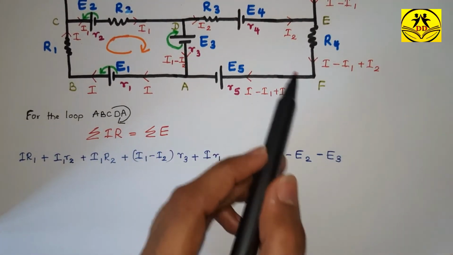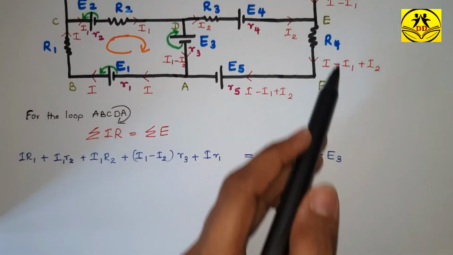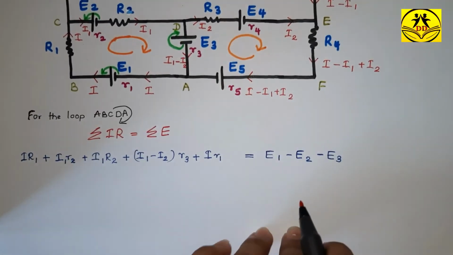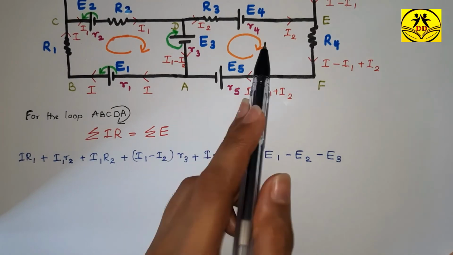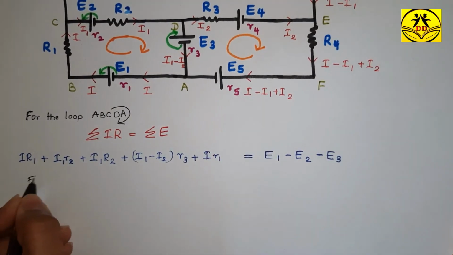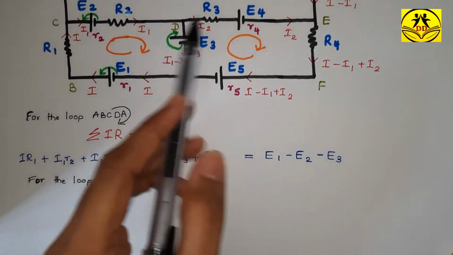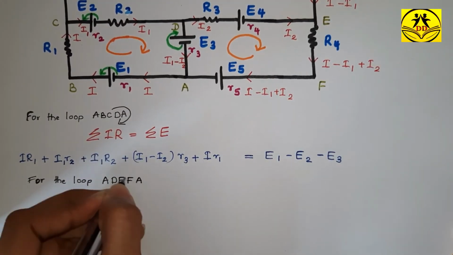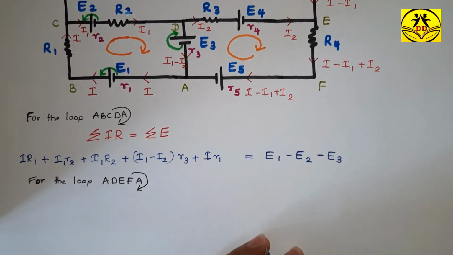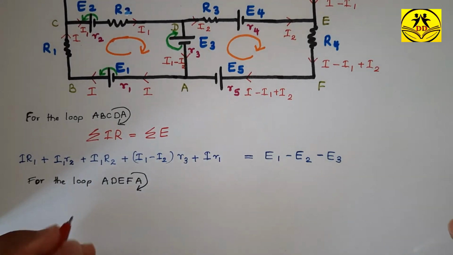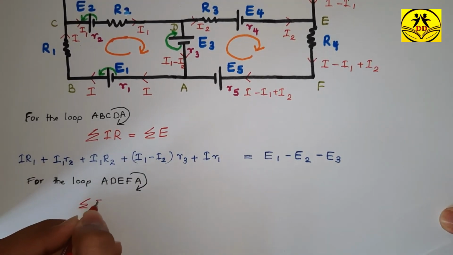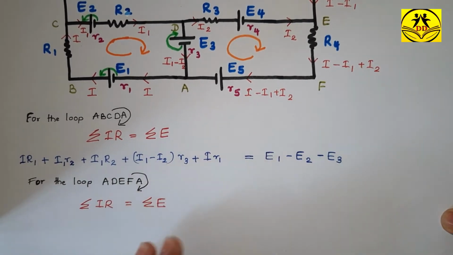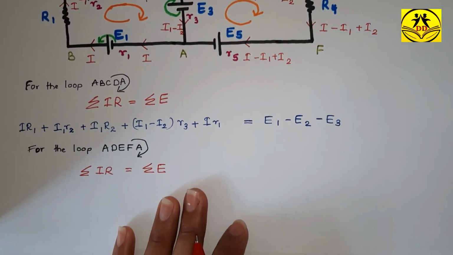Now consider this loop, A, D, E, F, A loop. Okay. If I apply Kirchhoff's second law to that loop, you can write for the loop A, D, E, F, A. For this loop, if we apply sigma IR equals sigma E, how are you gonna write?